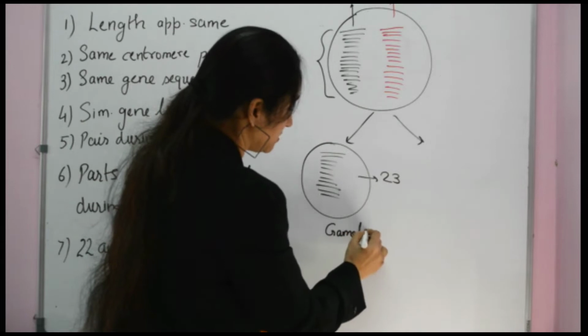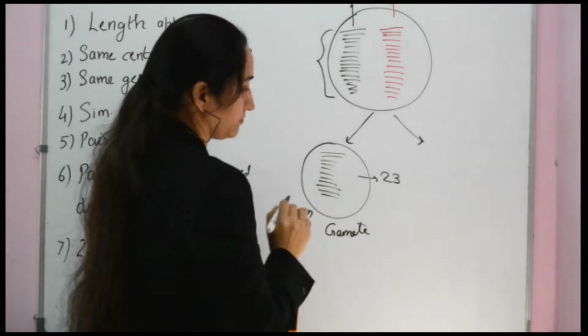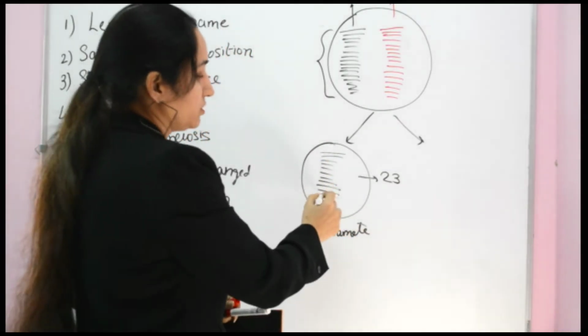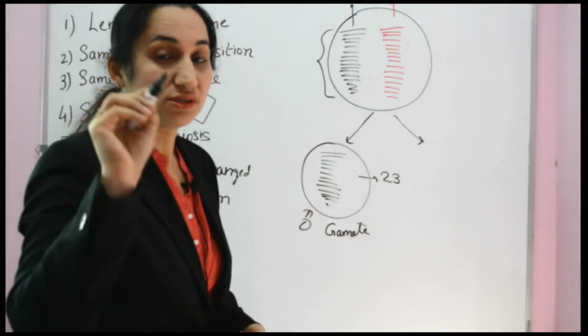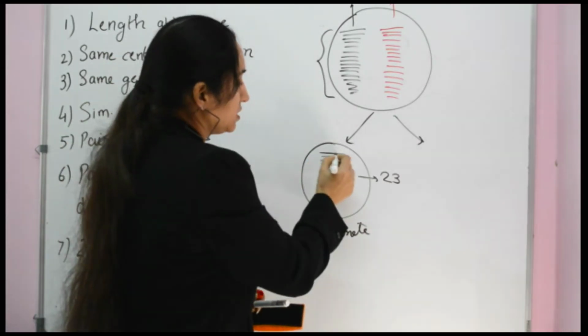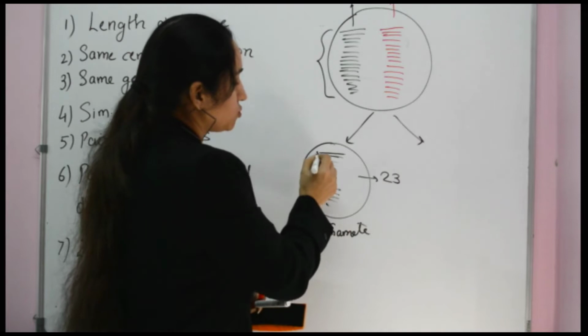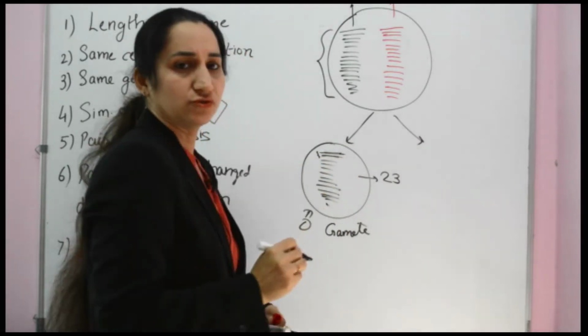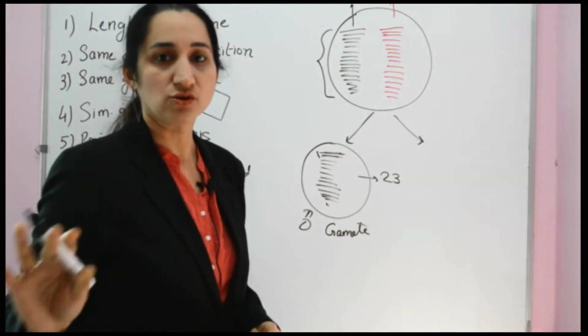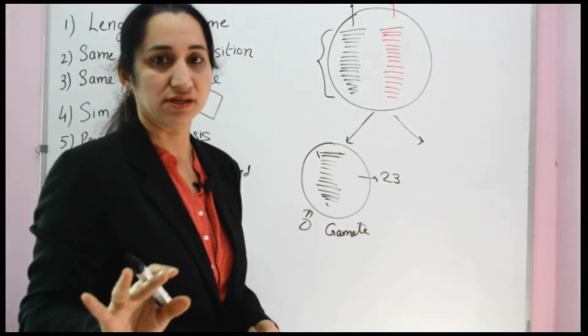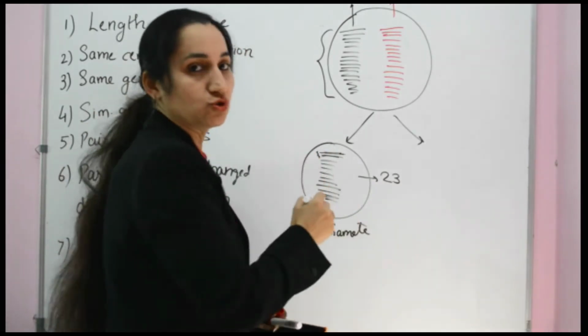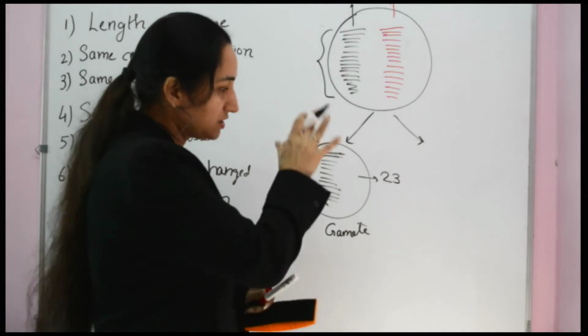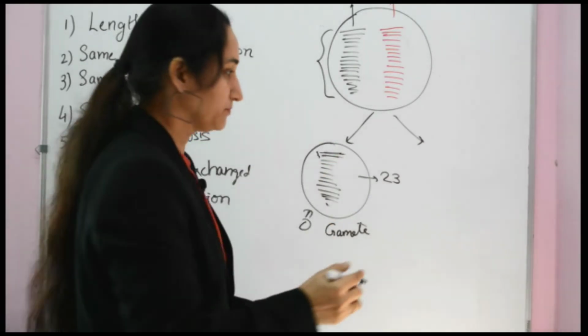Either this is a gamete, a male gamete. Let us suppose this is a male gamete. This male gamete has 23 chromosomes. These chromosomes don't match each other at all. They are not similar. None of the chromosomes is similar to another in this set of 23.